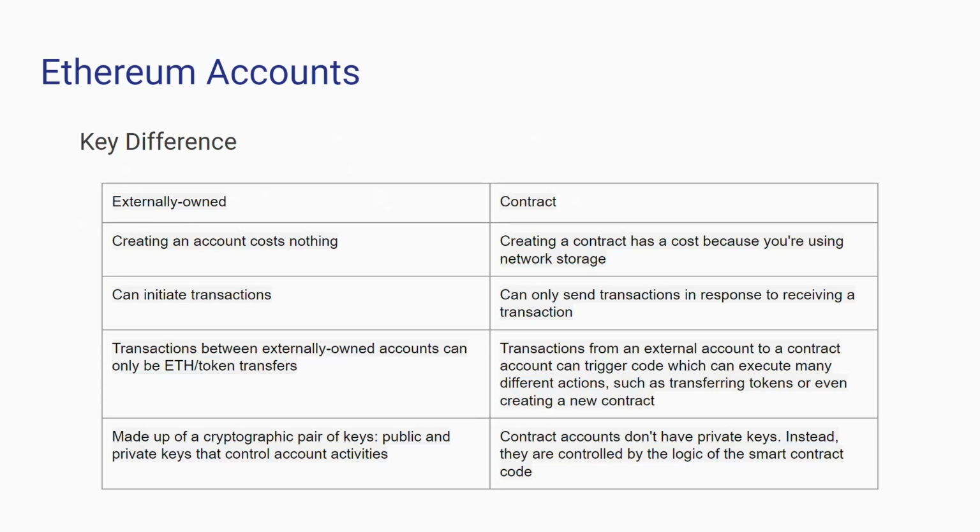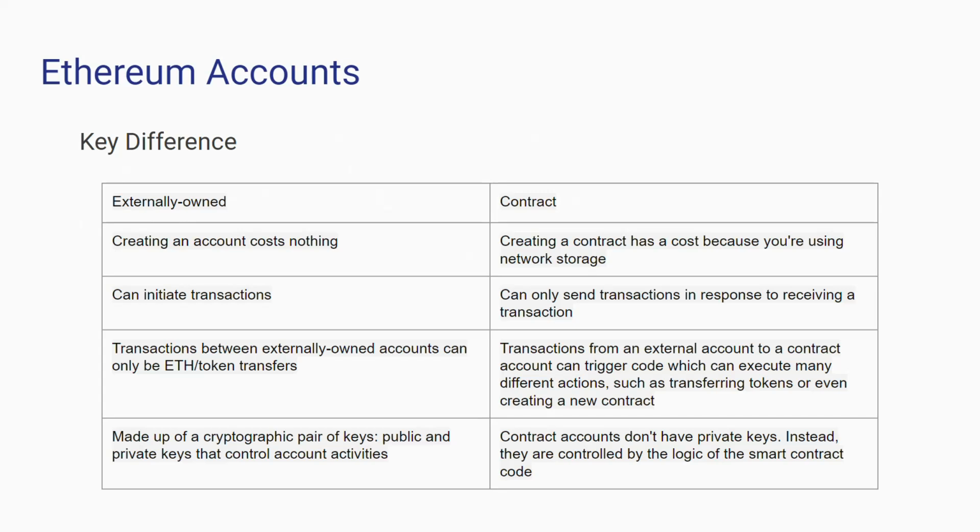With externally owned accounts, you can initiate a transaction, whereas a contract can only send a transaction in response to receiving a transaction. Transactions between externally owned accounts can only be either Ether or a token transfer. A token is a particular coin which is built on a particular blockchain. Ethereum is open source, so people can also build their crypto tokens on it.